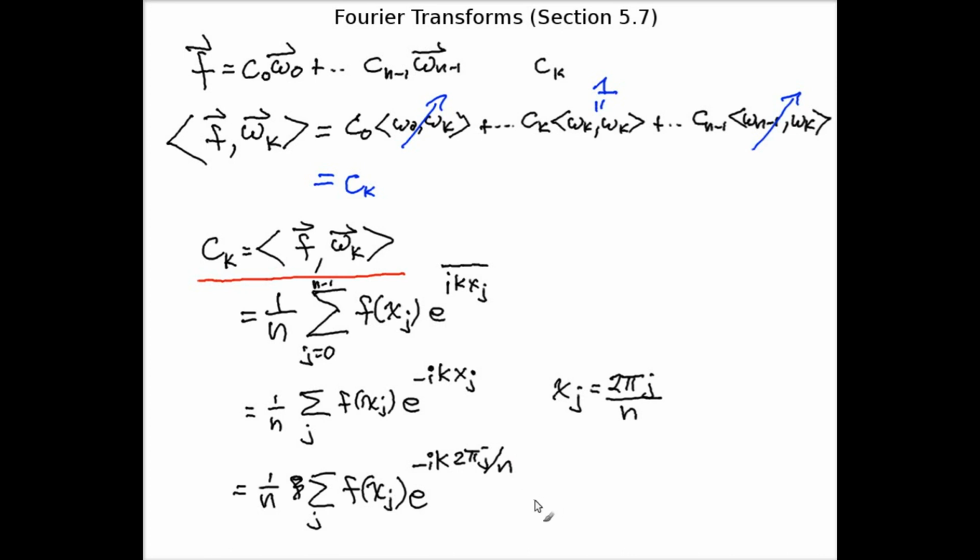And what is that? e to the minus i k, and so on. So, well, it's convenient to pull out the jk from this thing. And let me just write it over here.